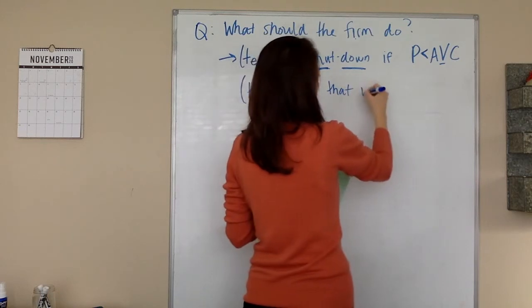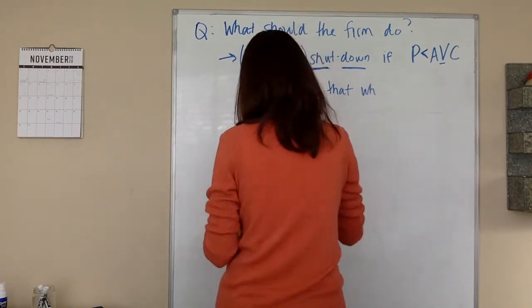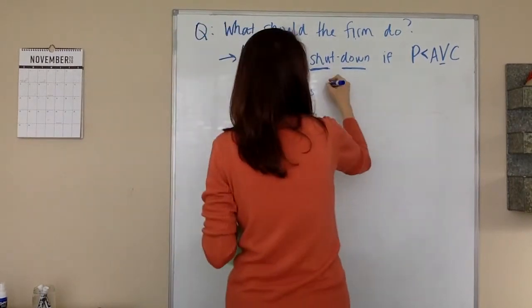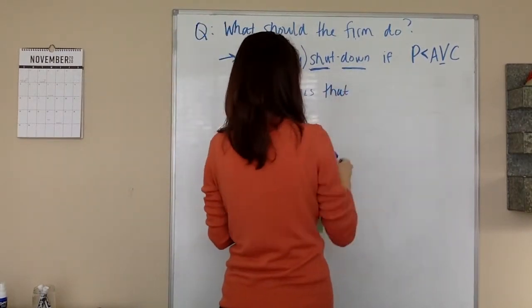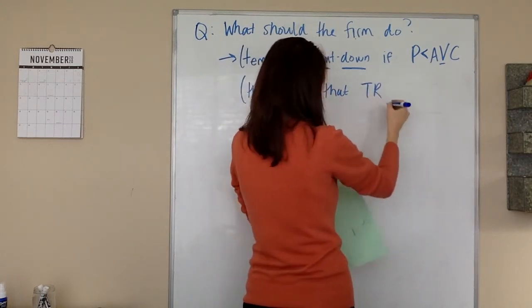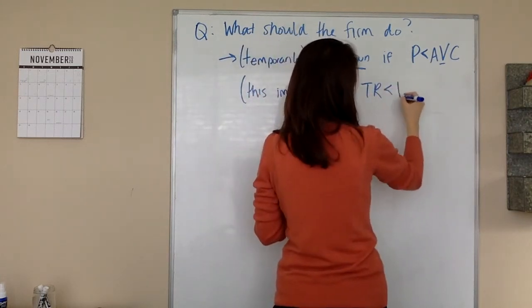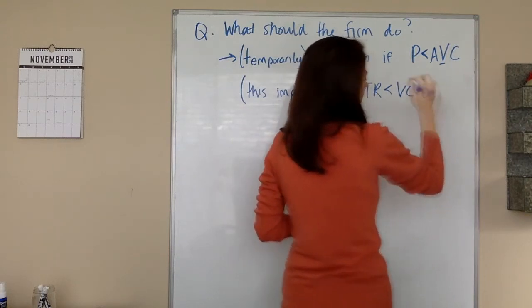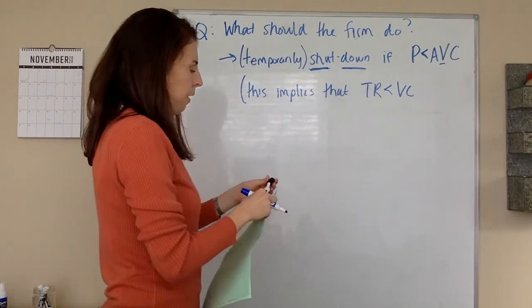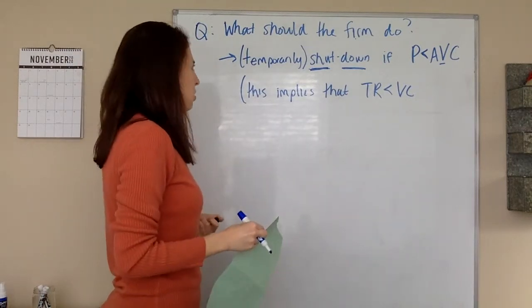that total revenue is going to be less than variable cost. Okay, let's just do some mental gymnastics here. First of all, what should the firm do?